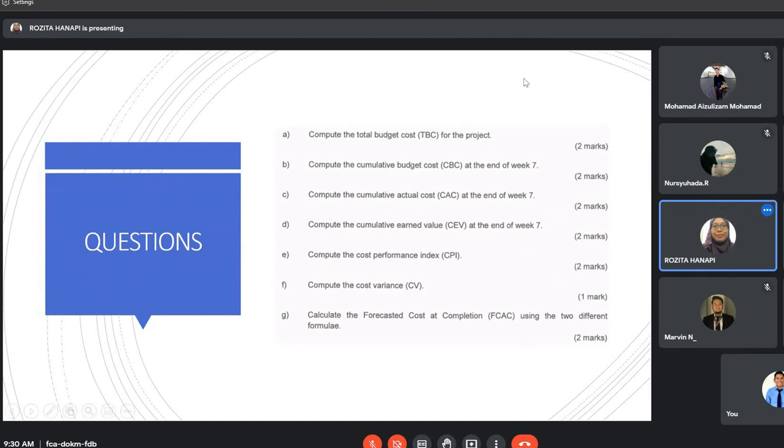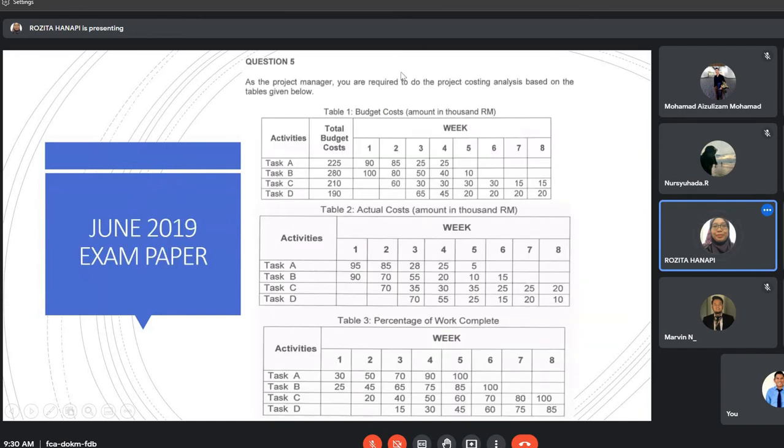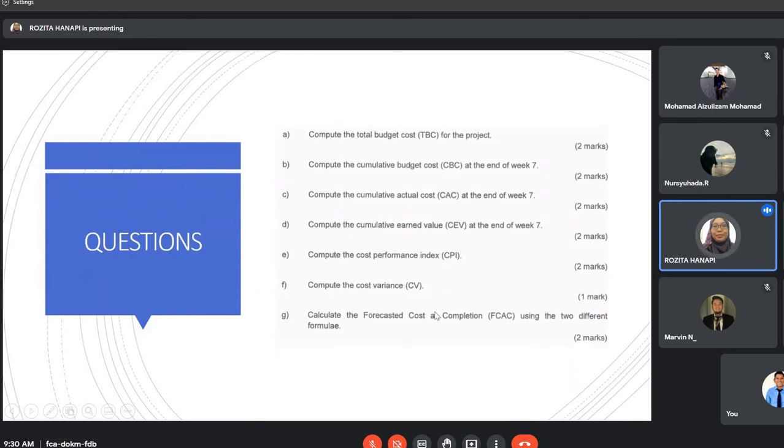Okay. And then it's either you total up everything here ataupun you tambah sini the same answers. Okay. And then for the next one, compute the cumulative budget cost at the end of week 7.